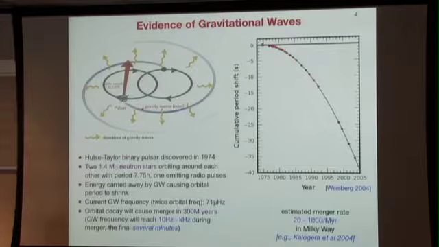So the message is, if we're able to see a lot more galaxies at far away distances, then we might be able to catch such events if there are such binaries that will eventually merge in other galaxies.